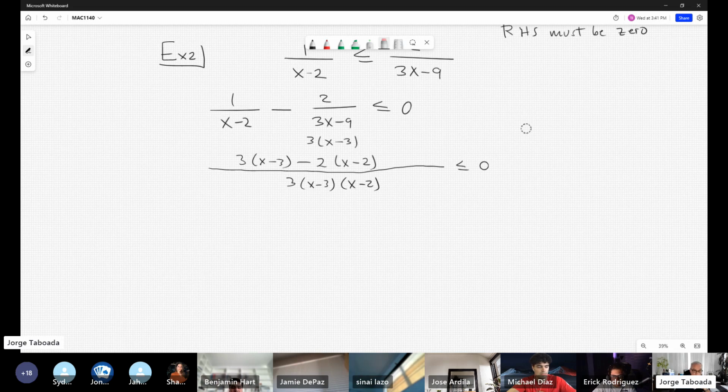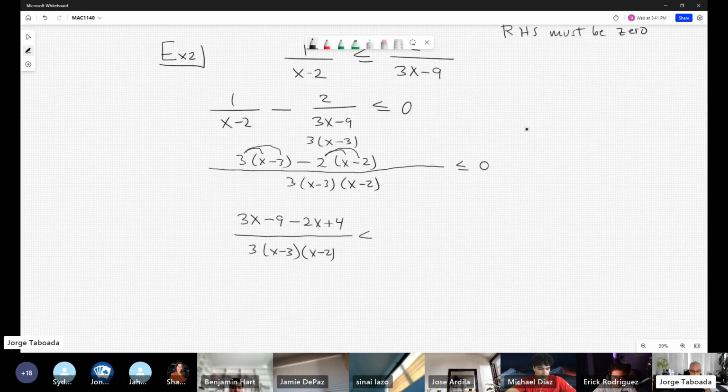Okay, now in the top part, Shane is clear. Now the recipe is okay. You distribute the property and combine like terms: 3x minus 9 minus 2x plus 4 over 3, x minus 3, x minus 2, less than or equal to 0.